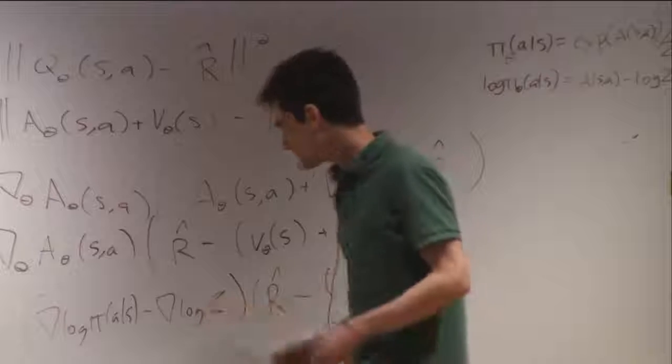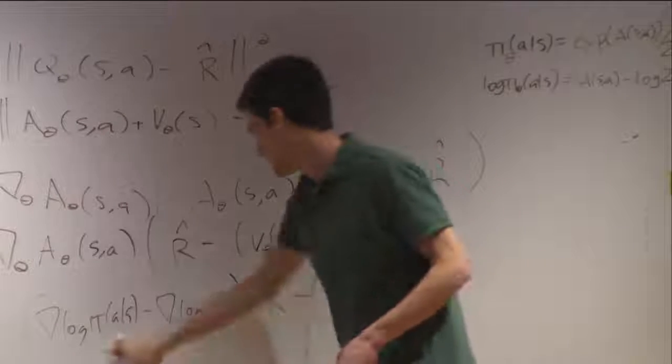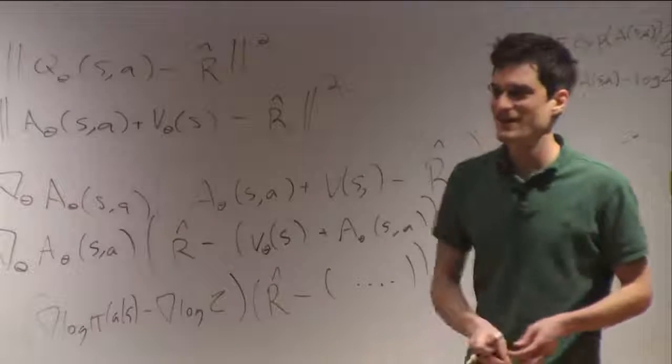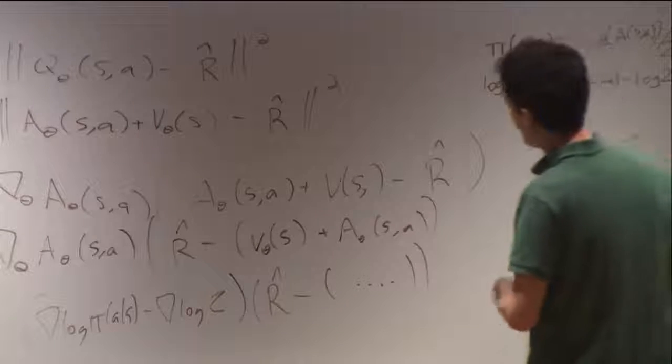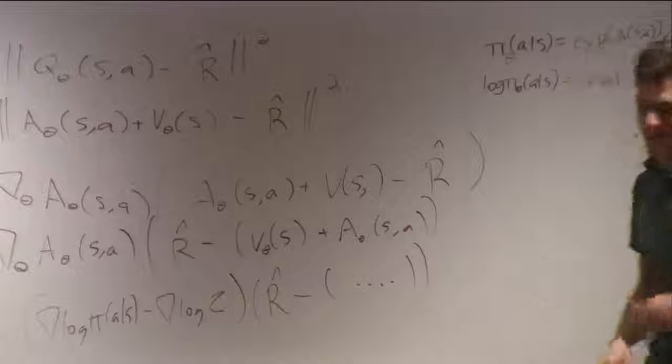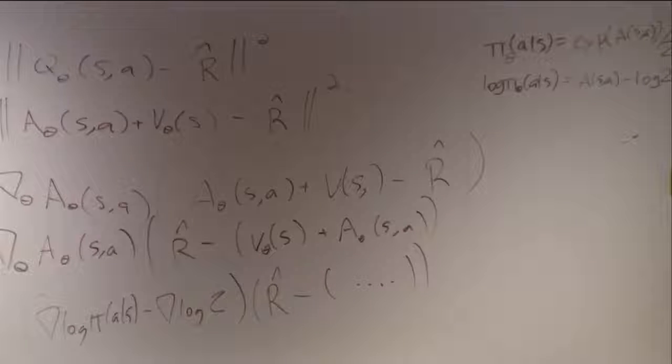So you can see that it's kind of like grad log probability times advantage, and there's a connection there. But you can actually make this more precise and find that there's a more precise equivalence between the policy gradient and the gradient in the Q function regression.